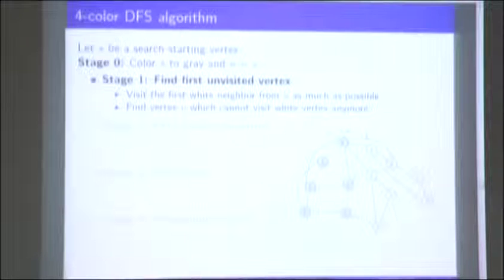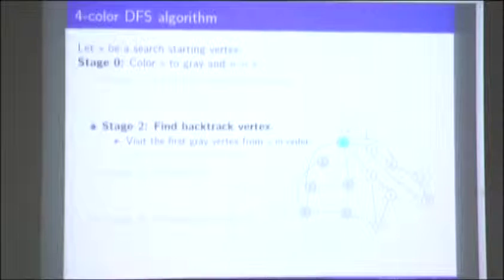Look at C. It doesn't have a next white neighbor vertex, so it's the vertex v. Then we move to stage 2, and we find the backtrack vertex, which means that we go back to the starting point, then trace gray vertices.